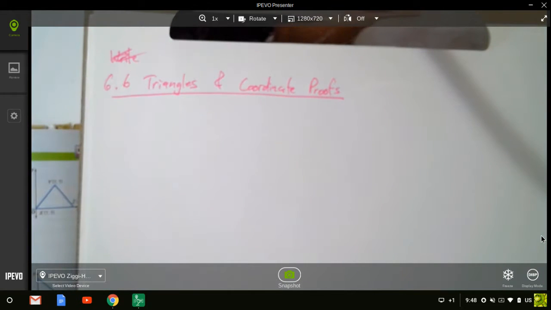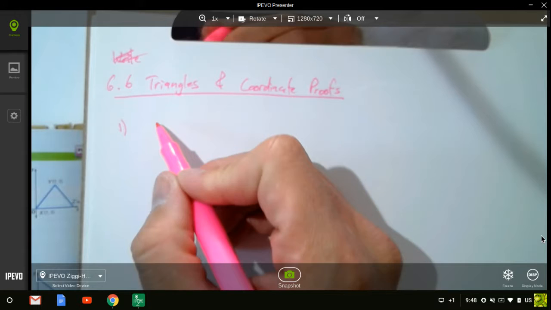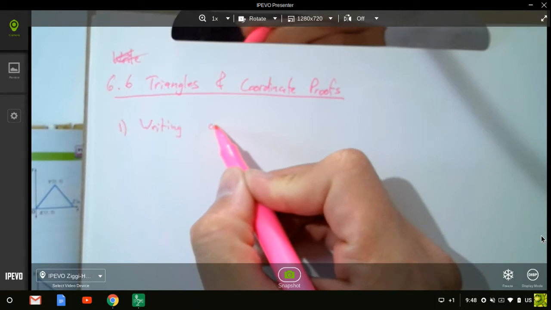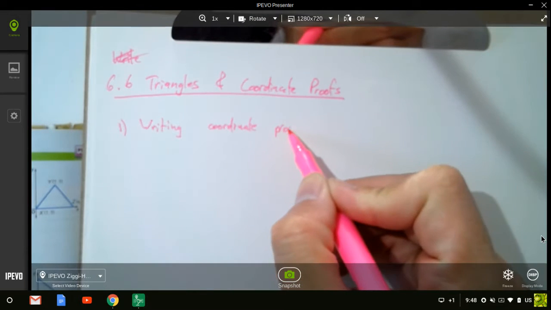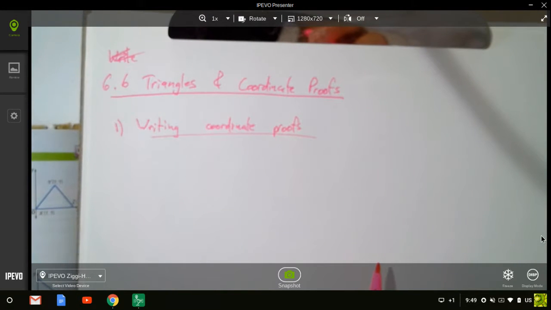And the first big point we're going to hit today is going to be writing coordinate proofs. Does that excite you or what? Not only are we going to write proofs, we're going to write coordinate proofs. It's going to be great.